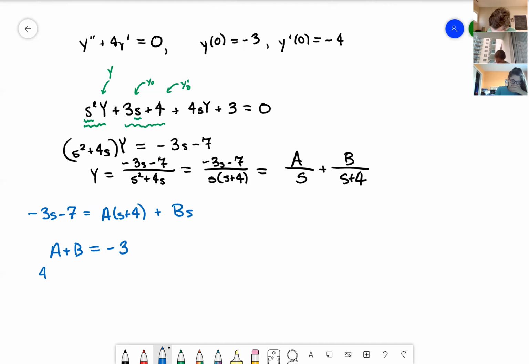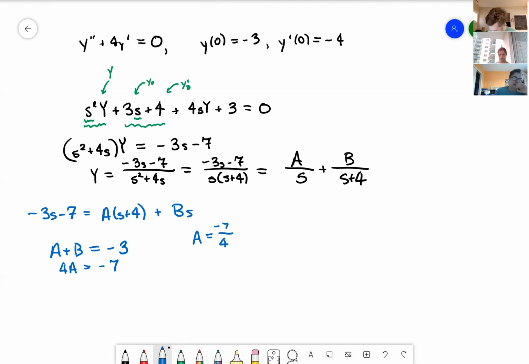And for A, 4A equals -7. That seems unnecessarily messy. They're giving us fractions here. So A is equal to what is it equal? -7/4.